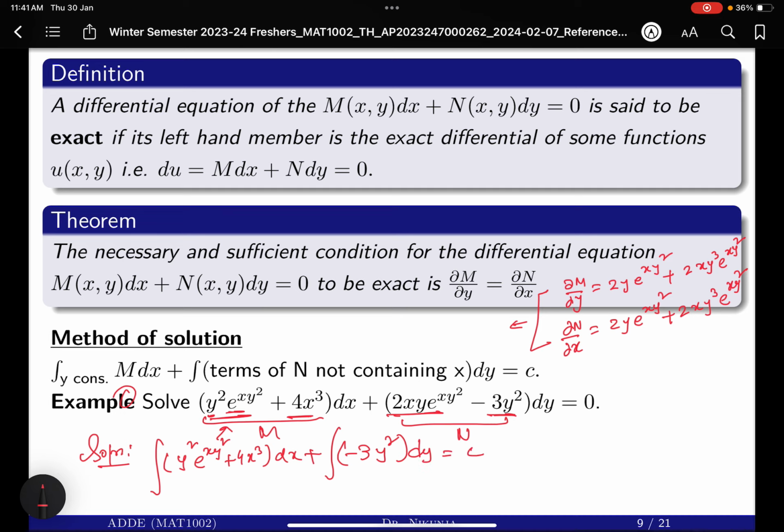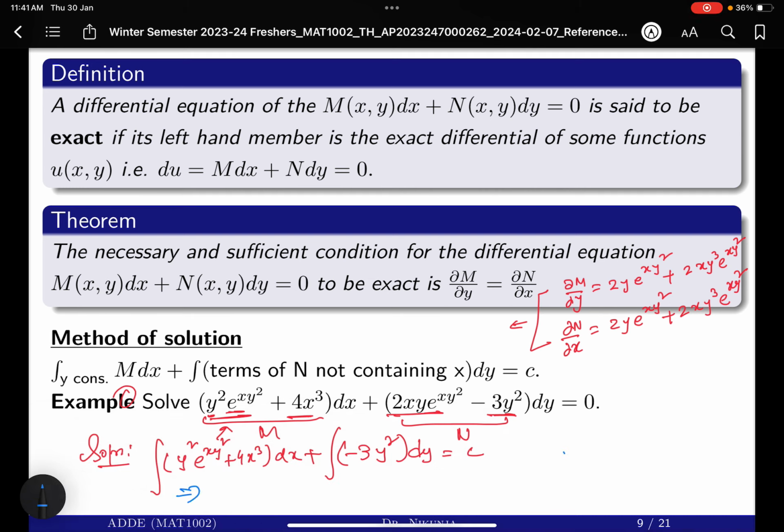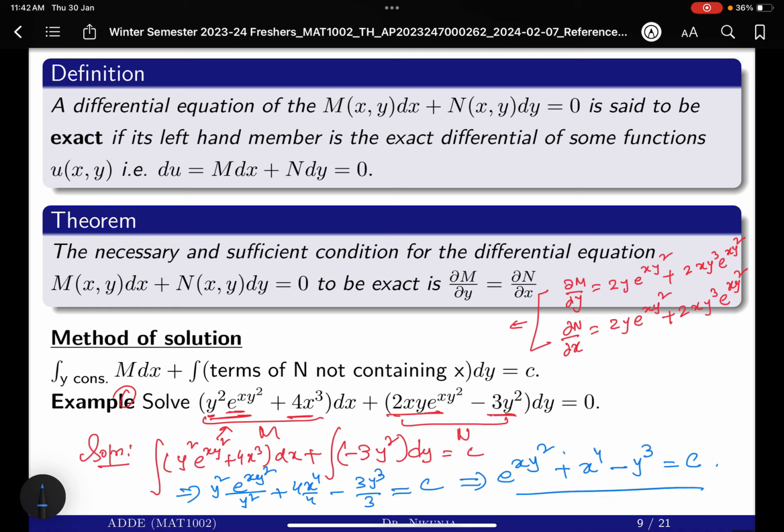Now you can do the integration and you will be getting the answer: y square e power xy square by y square plus 4x power 4 by 4 minus 3y cube by 3 is equal to c. So the final form should be e power xy square plus x power 4 minus y cube is equal to c. So this is the final answer.